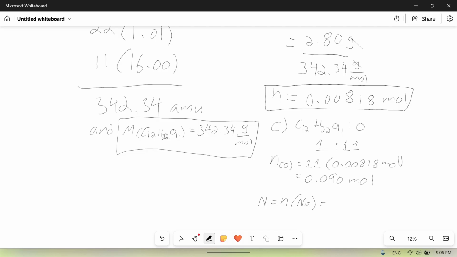So for oxygen atoms, this will be 0.090 moles times 6.02 times 10 to the 23 per mole.